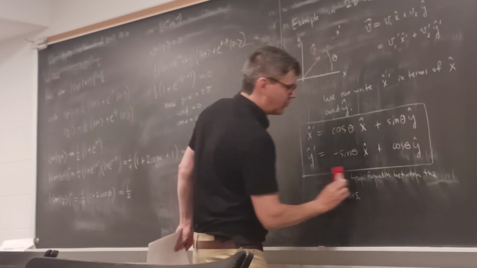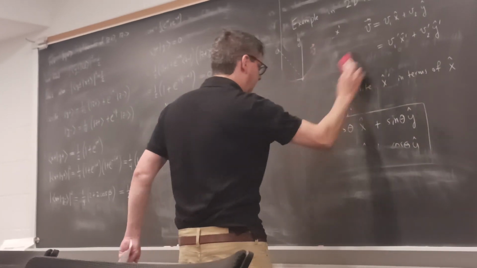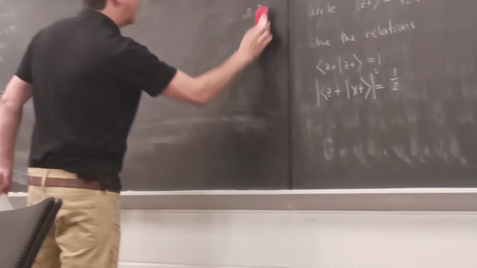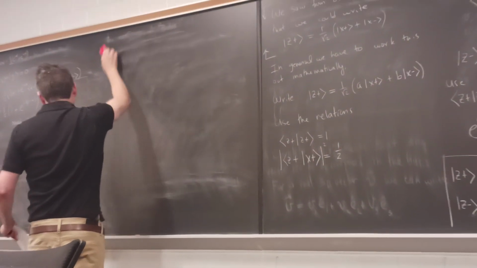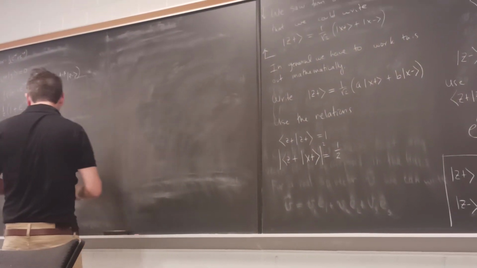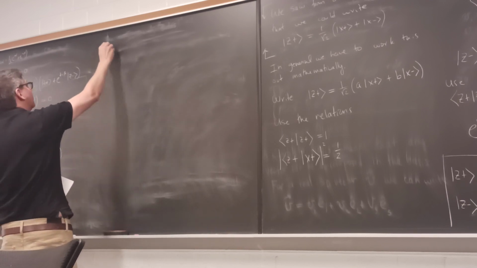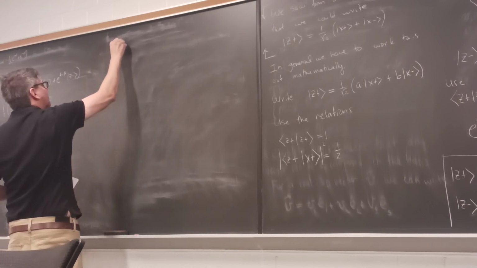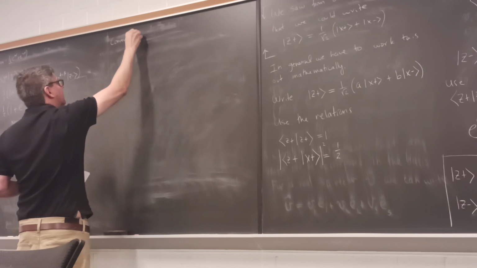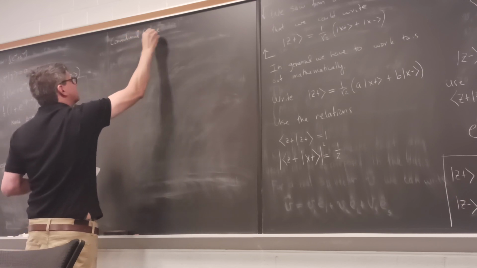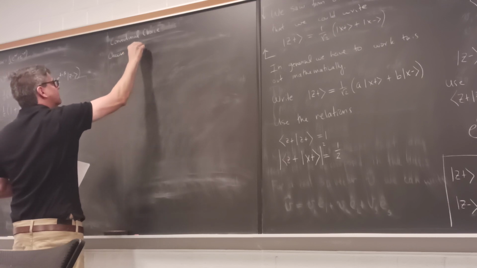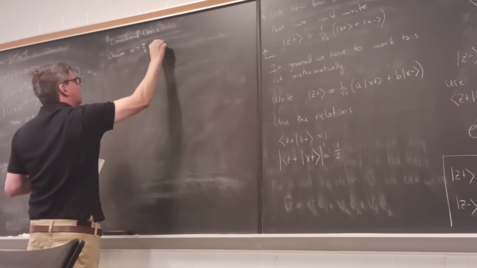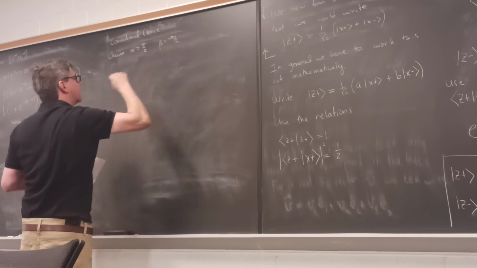So they have to be pi over 2. The conventional choice is to let alpha equal pi over 2 and beta minus pi over 2.